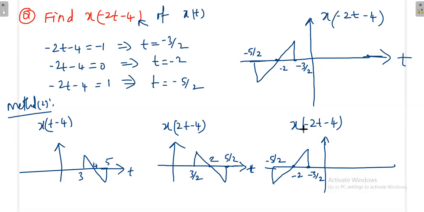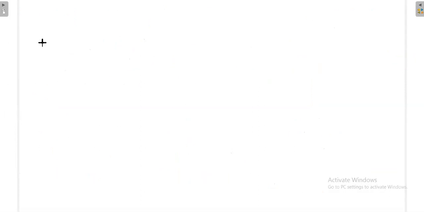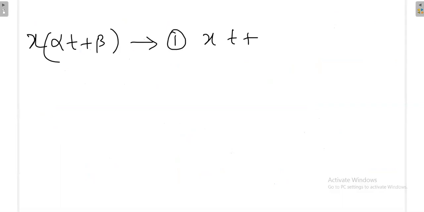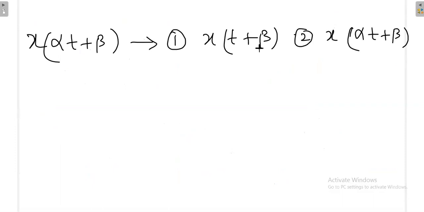Now finally, what is the conclusion? If they are given in this format, x of alpha t plus beta, first you have to calculate x of t plus beta, and next you have to calculate x of alpha t plus beta. That means first you have to apply the shift, then you have to apply the scaling. Or sometimes the same can also be represented in this other format.